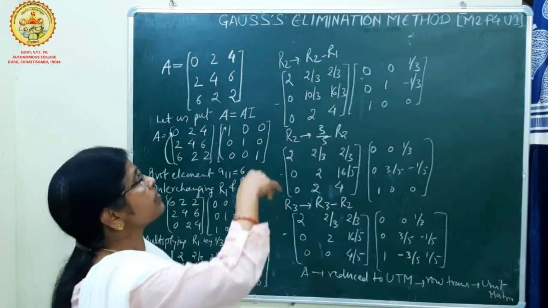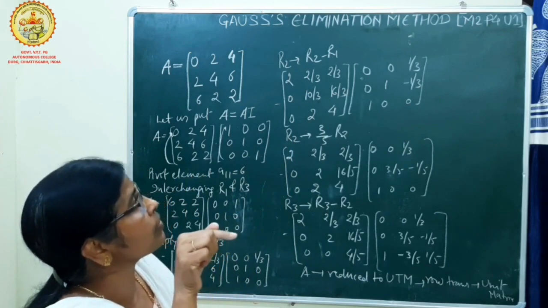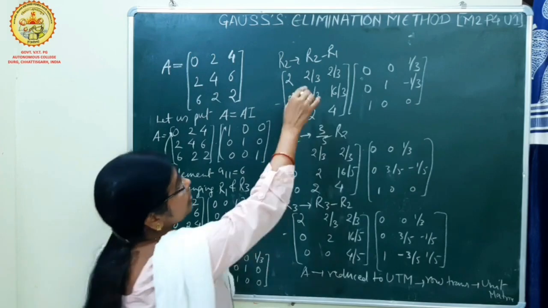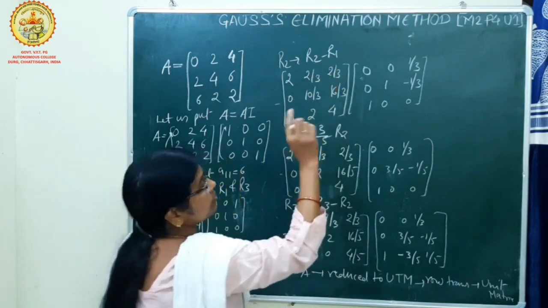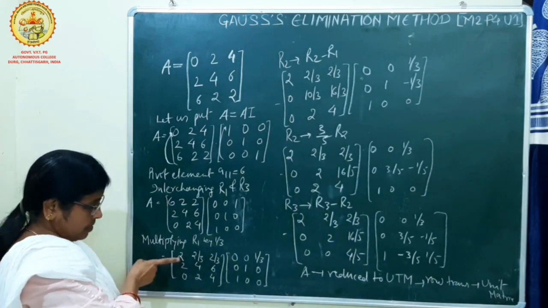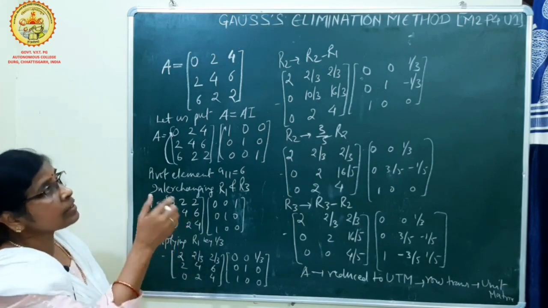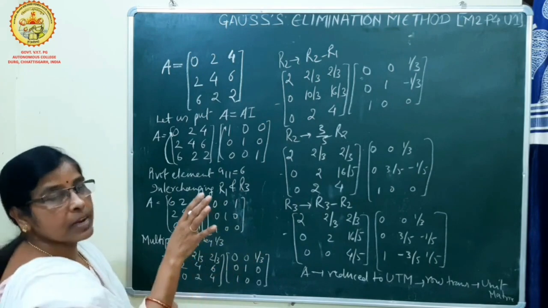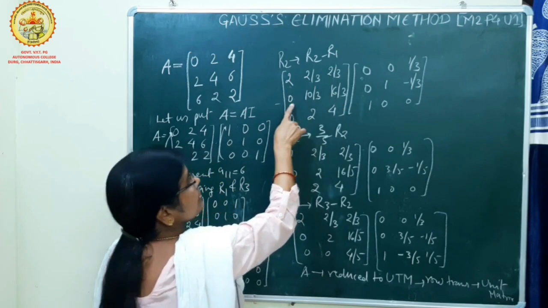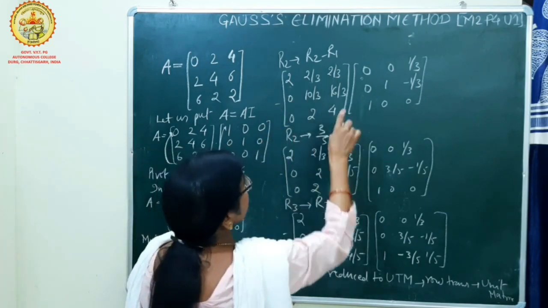Now we perform R2 equals R2 minus R1, meaning components of the second row minus components of the first row. Second row is 2, 4, 6 and first row is 2, 2 by 3, 2 by 3. The difference R2 minus R1 gives 0, 10 by 3 and 16 by 3.